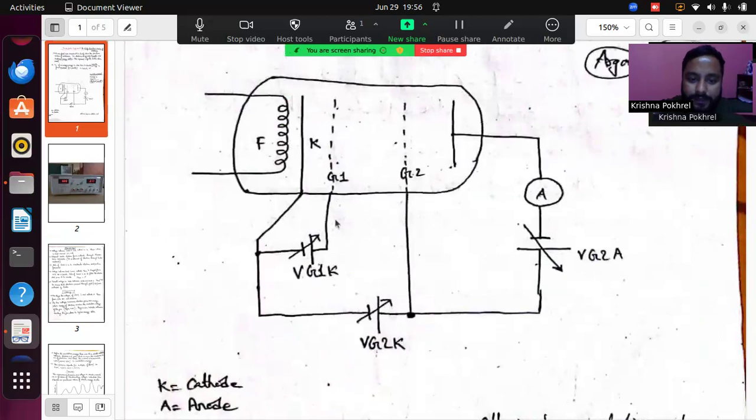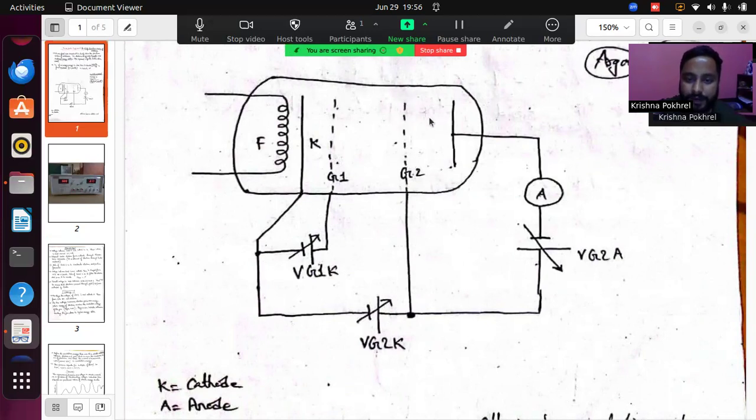The voltage supplied between G1 and cathode K is VG1K, and the voltage supplied between G2 and cathode is VG2K. G2 means the other grid. I will talk about this later. These are the grids which have a positive charge.